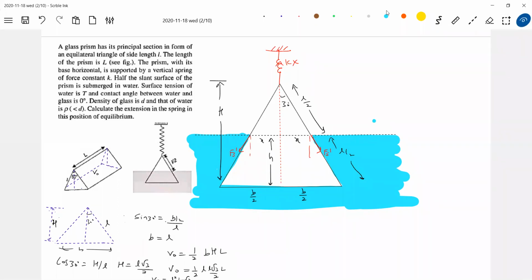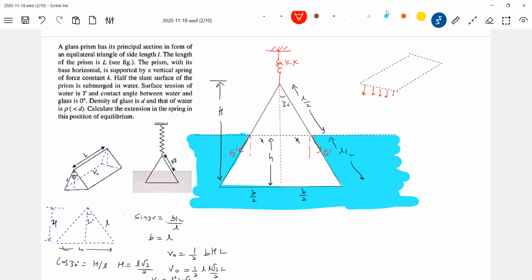So it is immersed. I think this will be very challenging for you to imagine the diagram. So here, if you take that surface, the force due to suffocation will be like this.